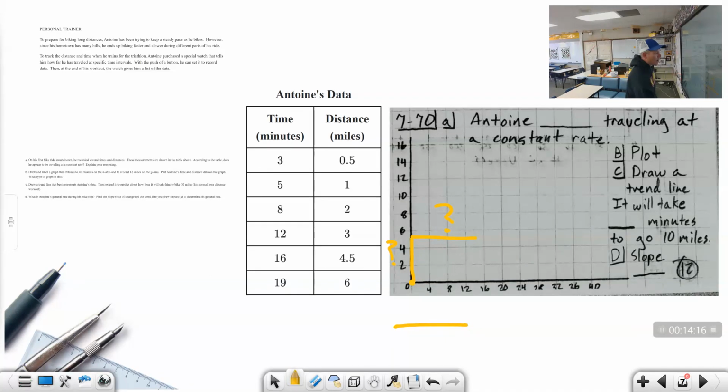How many miles did you go up in how many minutes? Now remember, because it's 0, it's really easy to figure out how much you went up. So the last part is to name the slope. So you have a couple sentences to write off to the right-hand side.